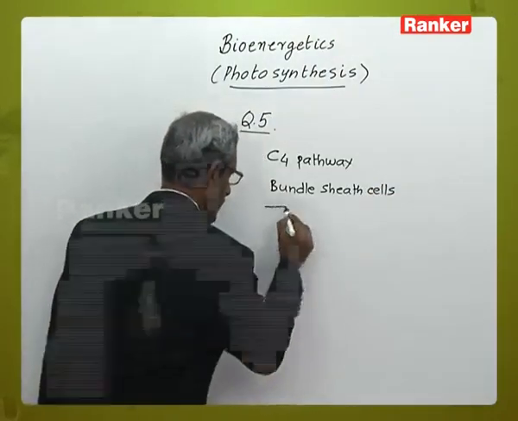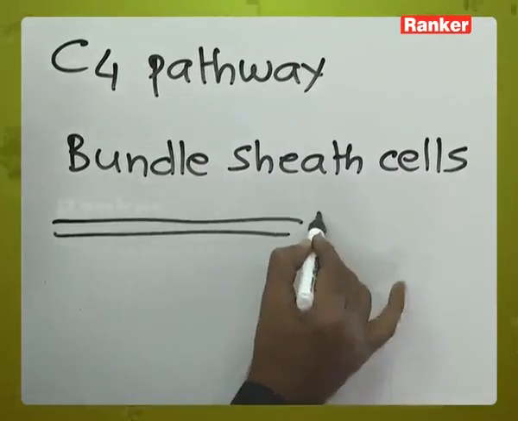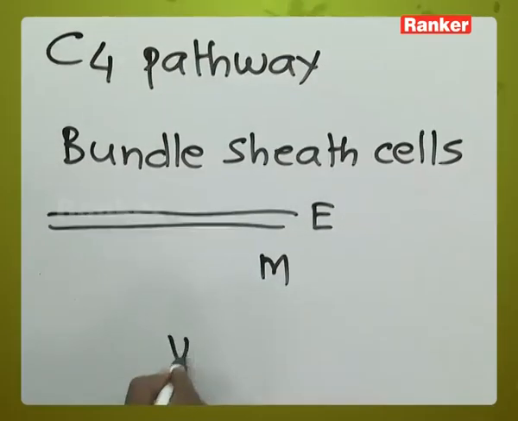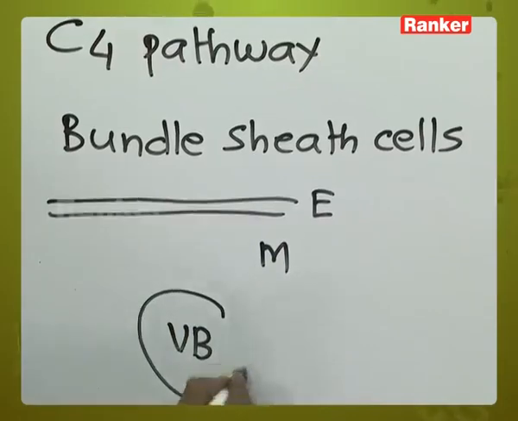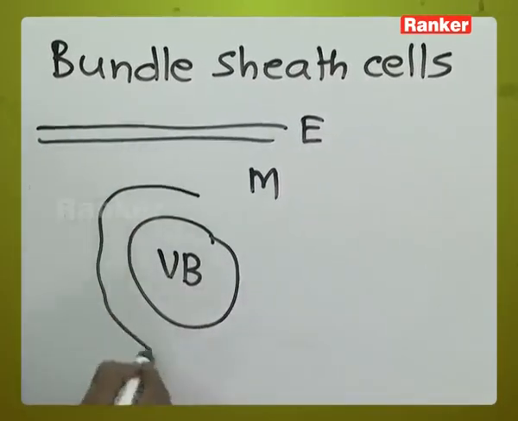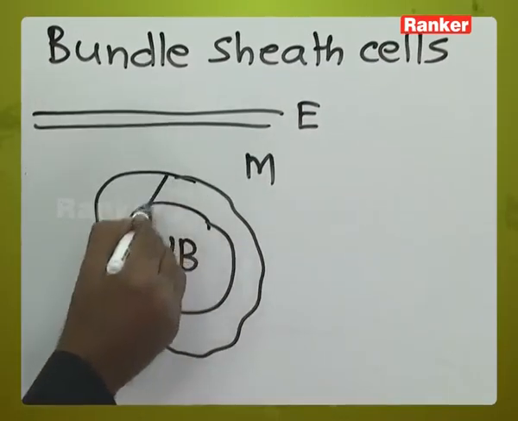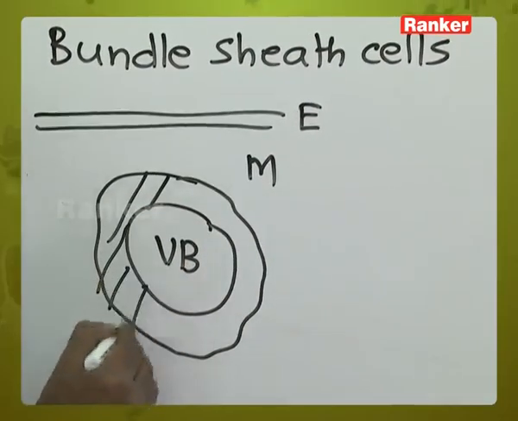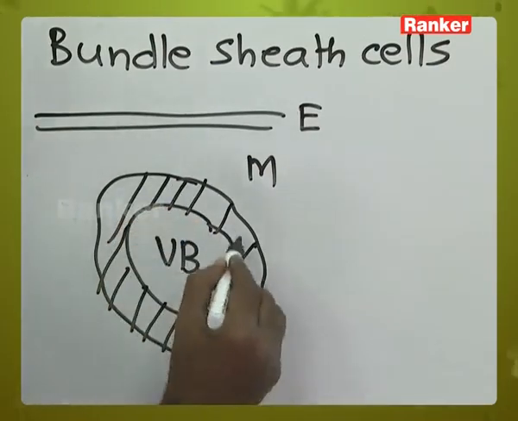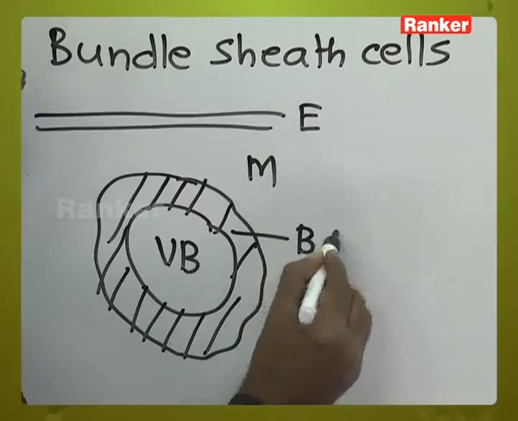if you take a typical leaf, it will have an epidermis, then the mesophyll tissue, then the vascular bundle. Now, surrounding the vascular bundle, we have the bundle sheath. This is termed a bundle sheath.